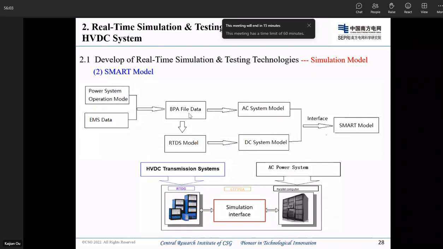We can use PPA data for the AC system model, and the RTDS model is for the DC power system model, the HVDC system model. And then the AC system model and DC power system model are interfaced together, and that will be the hybrid model. So with the hybrid model, we simulate HVDC in RTDS and the AC system in PC.